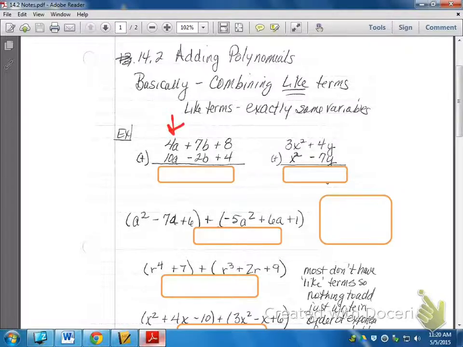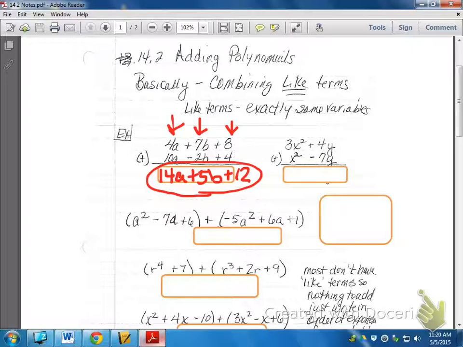So 4a plus 10a would be 14a. 7b and negative 2b would be 5b. And 8 plus 4 would be 12. And when you get all said and done, that is your final simplified answer.